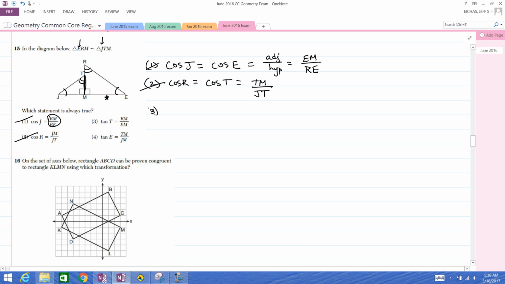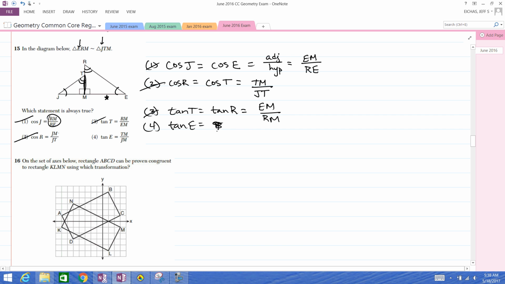Let's see. So, keep going. Tangent of T, RM. Okay, so they want tangent of T. Should be the same as tangent of R. And that's EM over RM. So this is upside down. No good. Let's hope that it's this one, or else I did something wrong here.